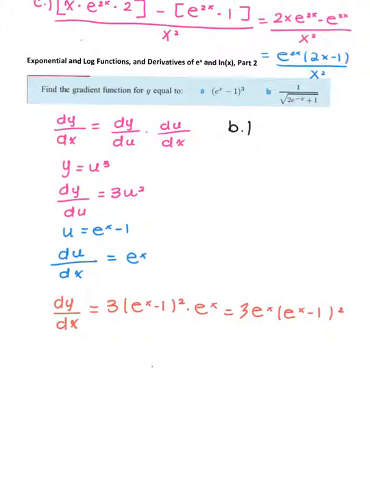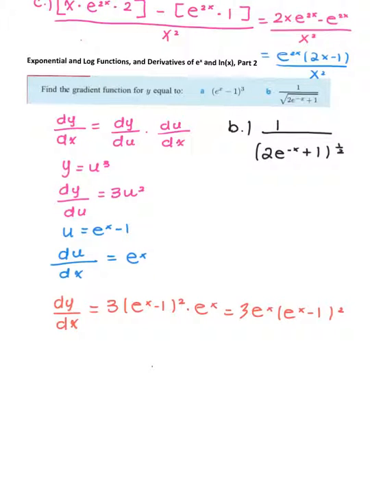Now you could, if you wanted to, use the quotient rule here, but since it's just 1 over an expression, just make it a negative exponent. That's what I would do, because really it's just 1 over 2e to the negative x plus 1 to the 1/2.